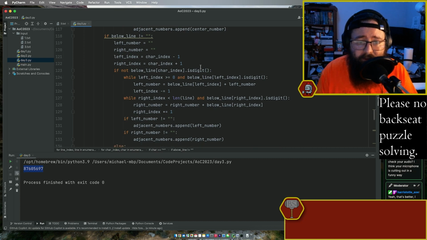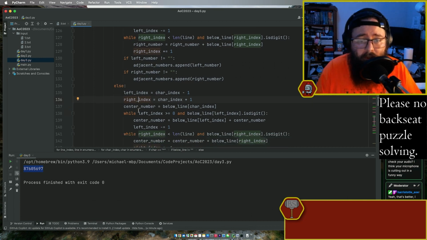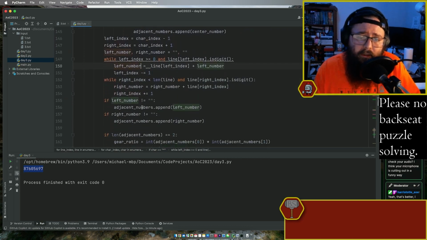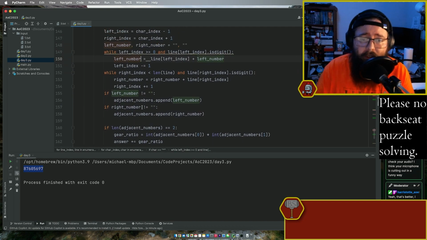If the thing below me or above me was a digit, then I knew that there could only be one number above or below. So I just look at that center digit, scan left and right, and build my one number out of that, and then scan left and right for the current line, to the left and to the right of the asterisk, east and west.